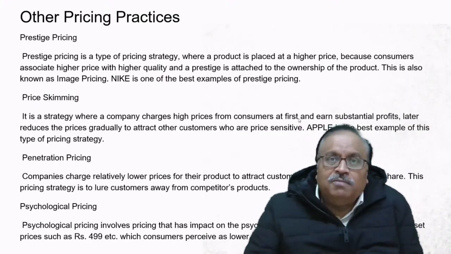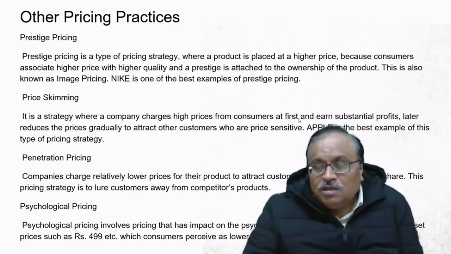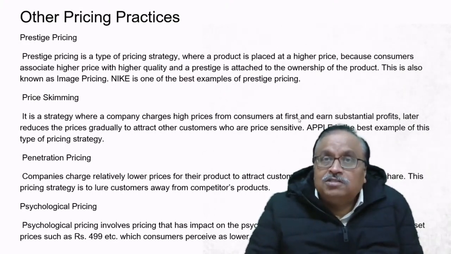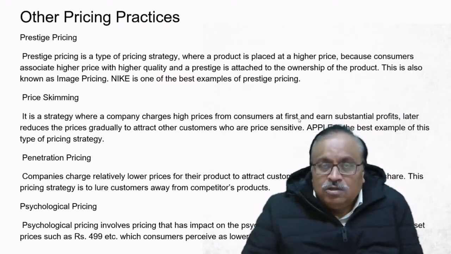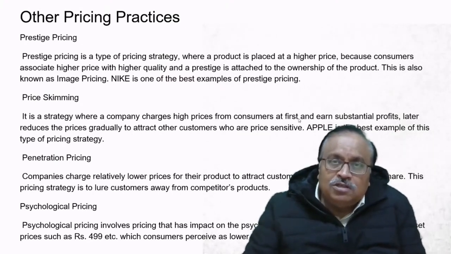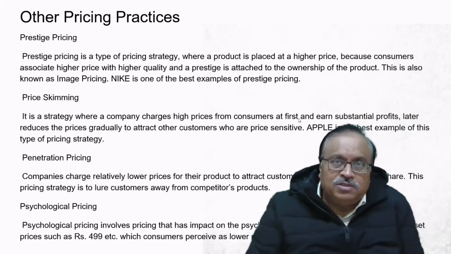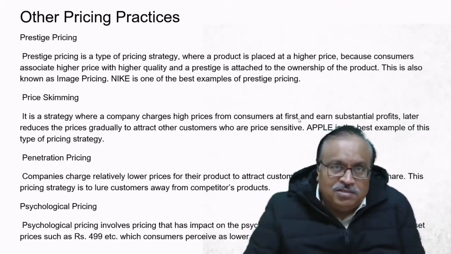But subsequently, in addition to selling more units, the prices are reduced by way of offering discounts, which might be huge discounts, or might be minor discounts also. So in the form of discounts, the prices are reduced. So why is it reduced? It is reduced to attract new customers. So Apple is the best example of this type of pricing strategy.